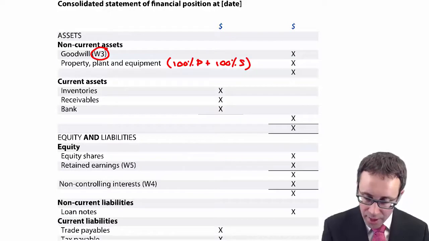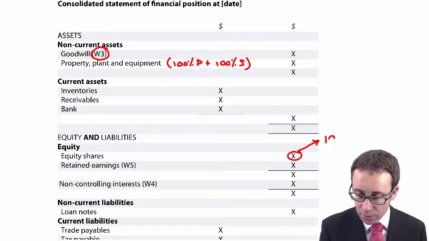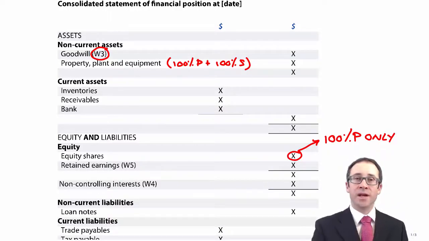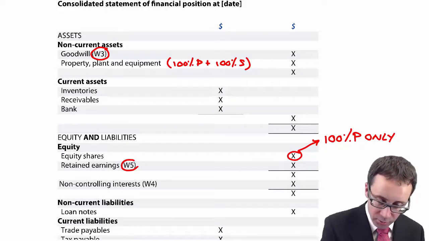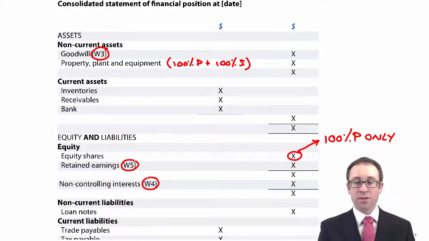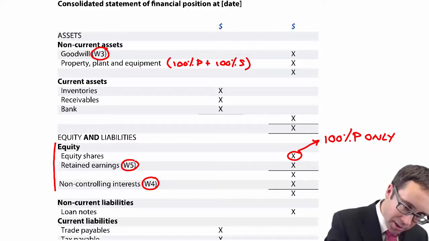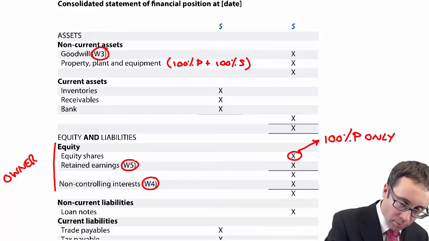The equity, remember, we're reporting to the parent shareholders. So the equity shares is 100% of P only, isn't it? And then you've got the retained earnings, which is working 5, as we'll see, and the non-controlling interest, which is there as working 4. The key bit is that your equity section is showing ownership, isn't it?